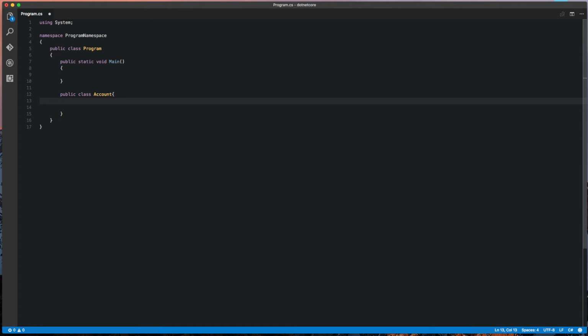So account will have like... this is by the way C# syntax, so sorry about that if you don't know it, but it is just C# syntax. I'm just defining a property that I can set.